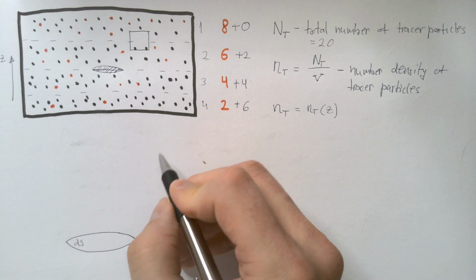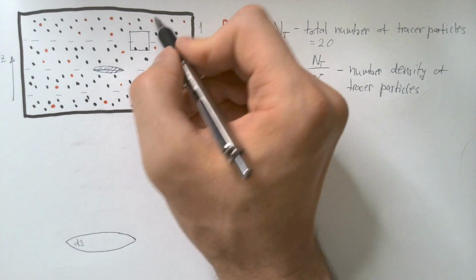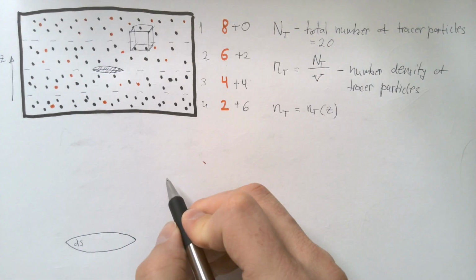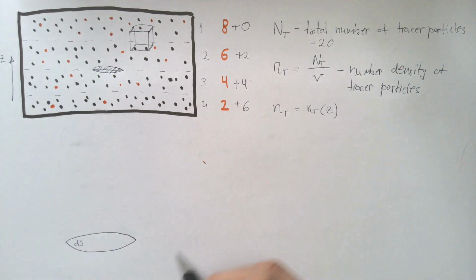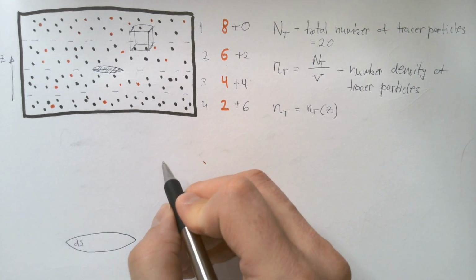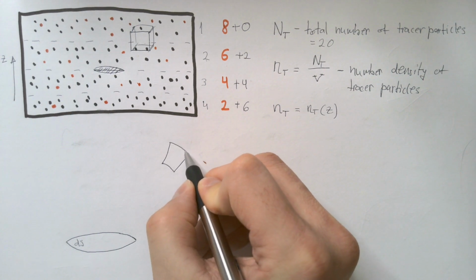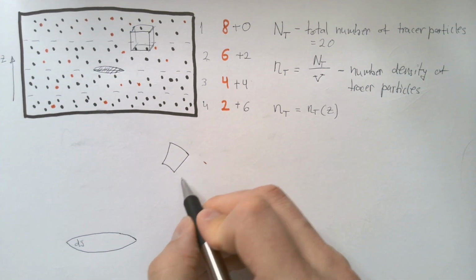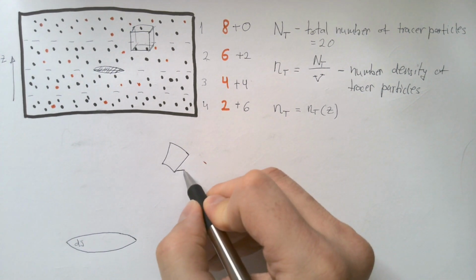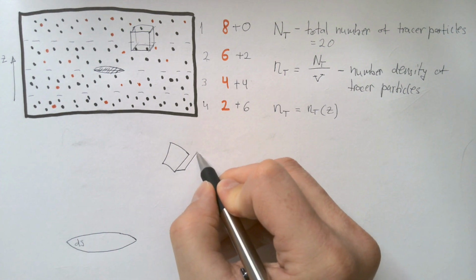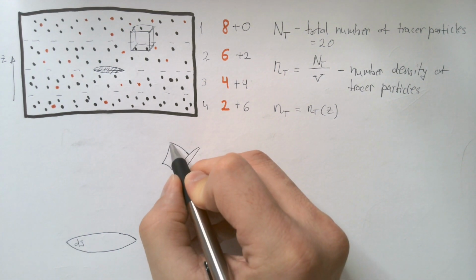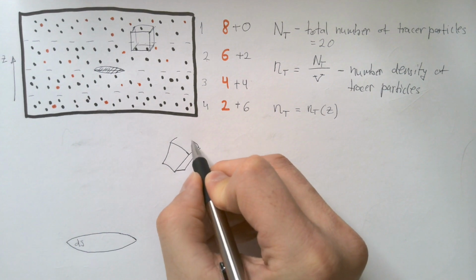And somewhere over here I will take a volume element, because I will use spherical coordinate system, maybe looking something like this. But really it can be a volume of any given shape. I'm just deciding to make my life easier, so I'll take a volume element that maybe looks like this.